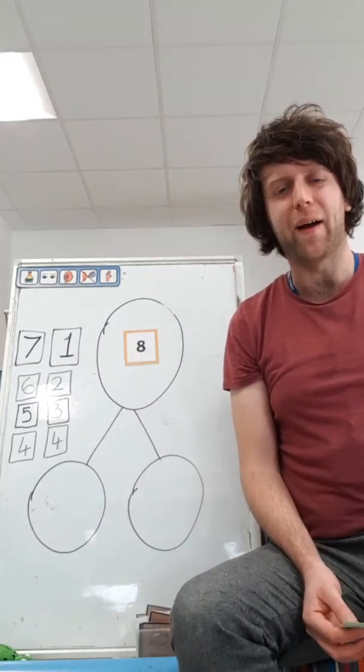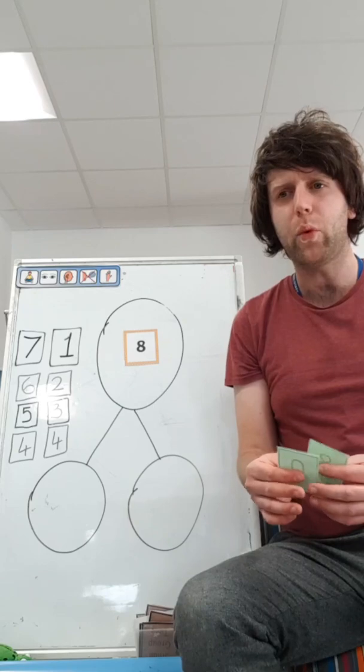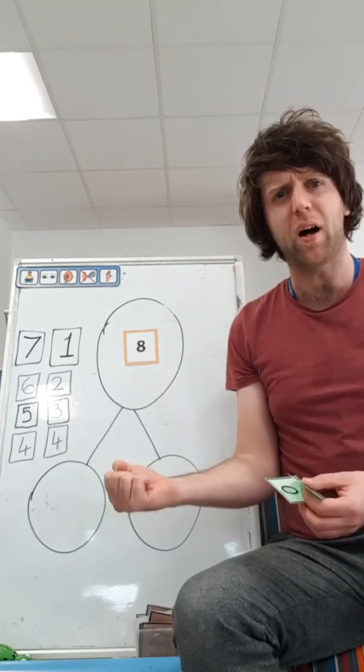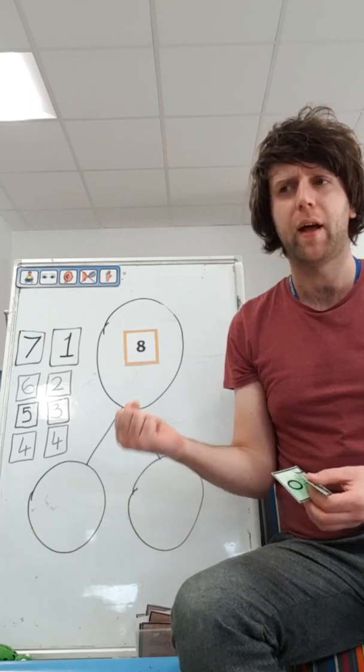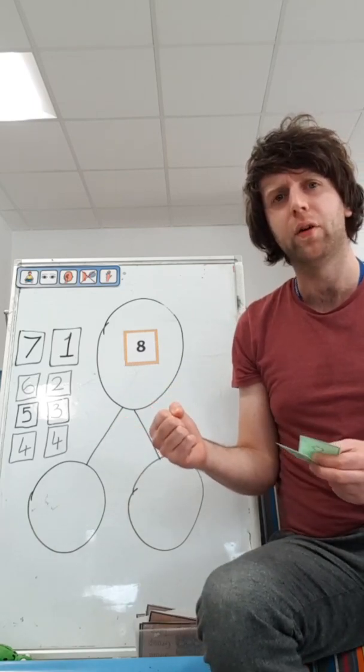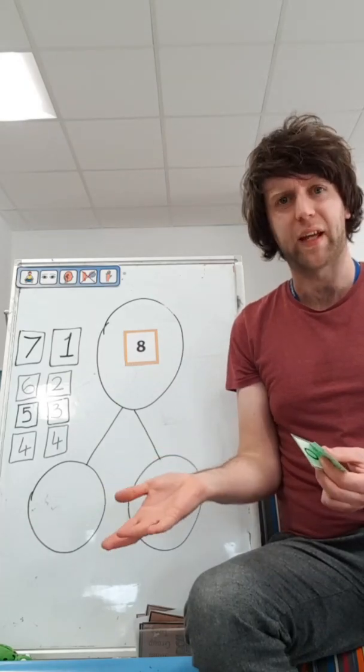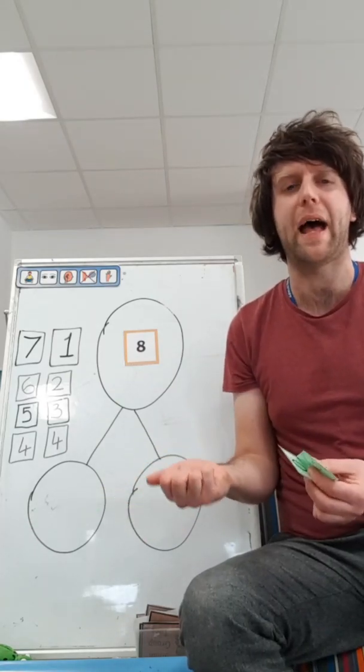How interesting was that? We discovered that the whole number could also be a part of the number as long as the other part was 0, because 0 means nothing. That means there's no more to be added.